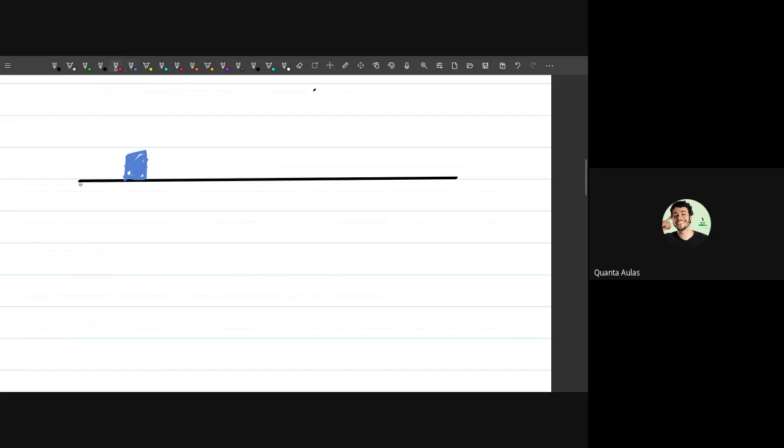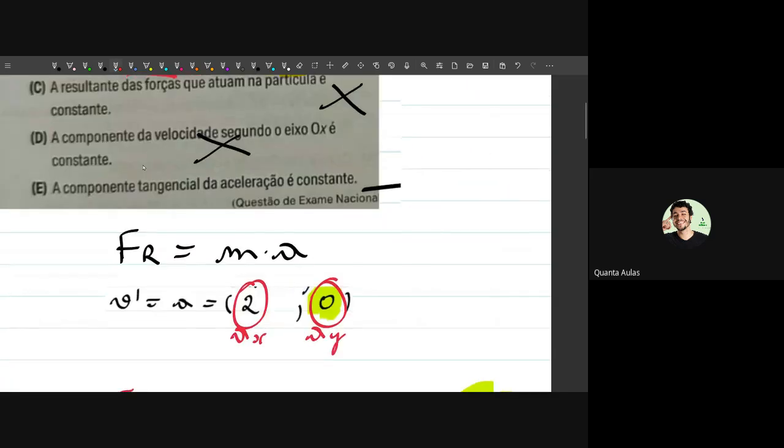Okay, we saw in the equation this particle has acceleration in this component, but we don't have a y component of acceleration. Because we saw here, we have a component in y, but this component is constant, it is always 2. This is very normal in physics.